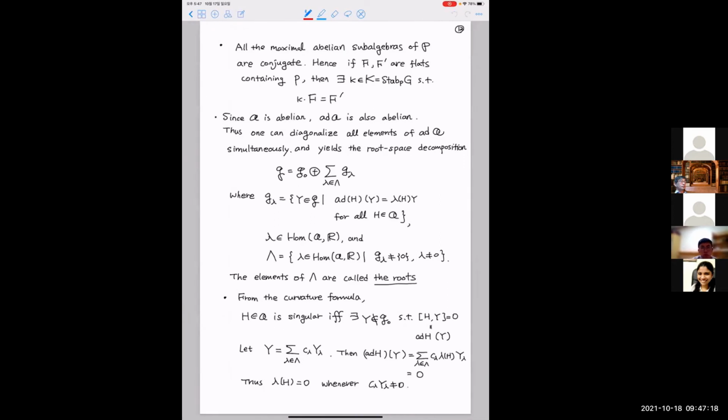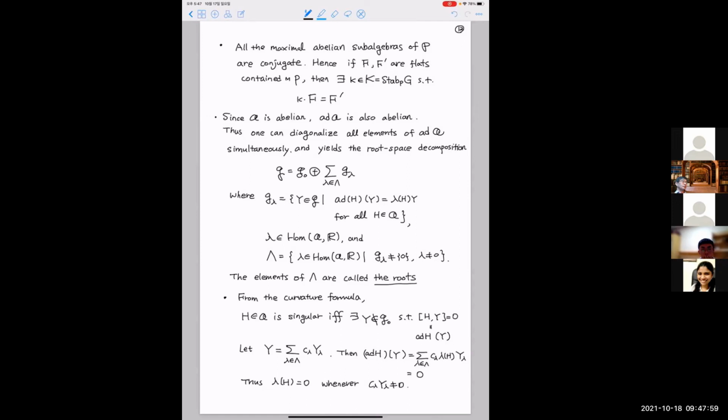All the maximal abelian subalgebras of p are conjugate to each other. So this is one fact. That means that if F and F prime are two flats, then there is some element k of the isometry group such that it maps F to F prime.